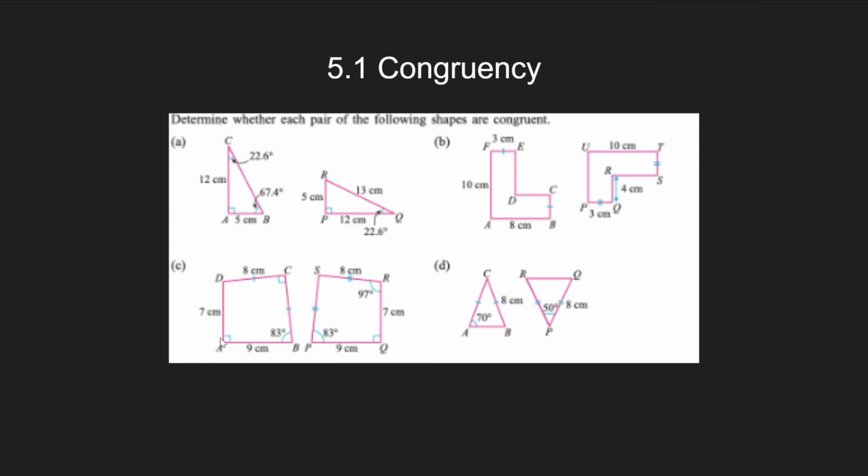First, you minus 90 degrees of angle A, and then you minus the second right angle, angle C, 90 degrees, and then you minus 83 degrees, which is angle B. And you will find the remaining angle is angle D, which is 97 degrees. 97 degrees of angle D is the same as angle R, which is QRS.